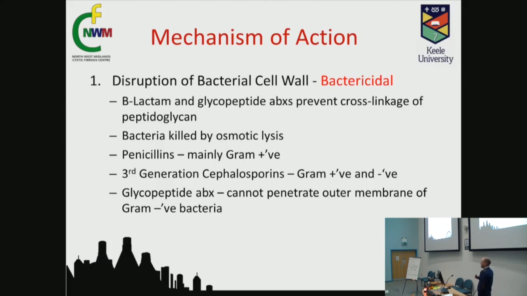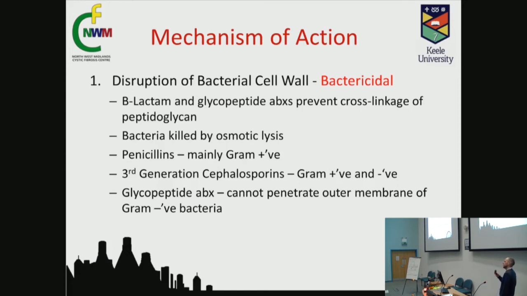Within this group, we said the beta-lactams contain penicillins, which are mainly active against gram-positives. We'll talk about that in a second. And then we also have the cephalosporins, which can have action against both, and the glycopeptide antibiotics, which are only active against gram-positives because they can't get through the outer membrane of the gram-negative bacteria.